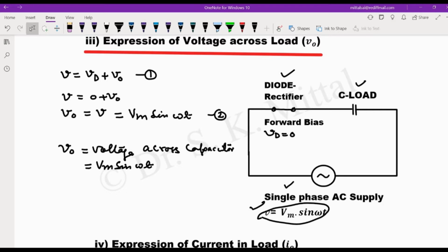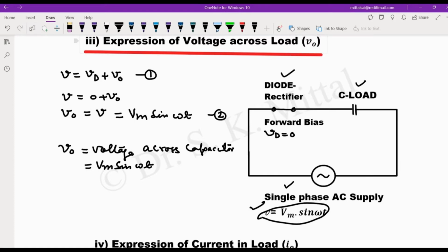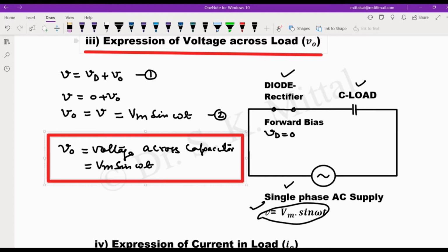So in this way we have calculated the voltage across the load, and the expression is V0 equals Vm sin omega t.